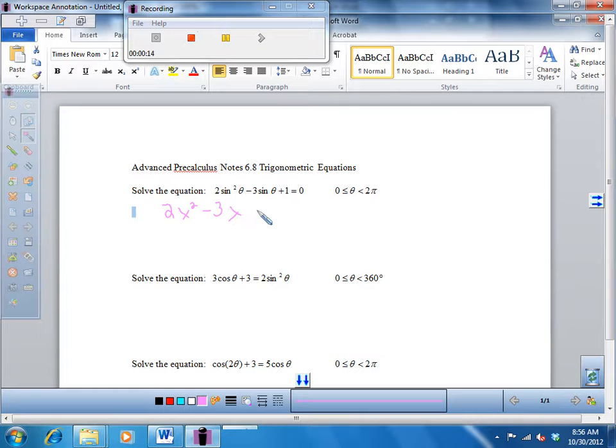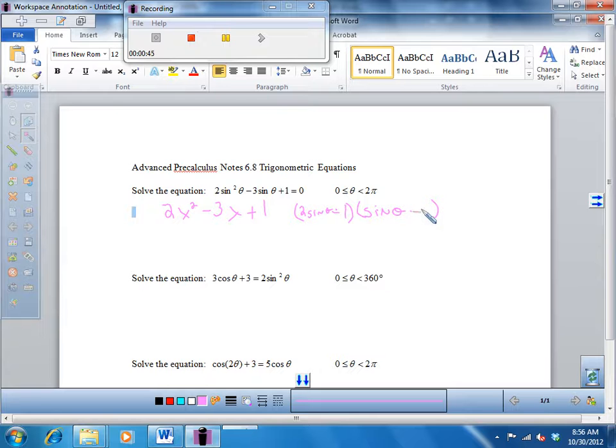The way you do this, you just factor it as if this were 2x squared minus 3x plus 1. A lot of you have difficulty with that, but we're going to pretend that you don't. So this factors to (2x plus 1)(x minus 1). So this would factor to (2 sine theta plus 1)(sine theta minus 1).